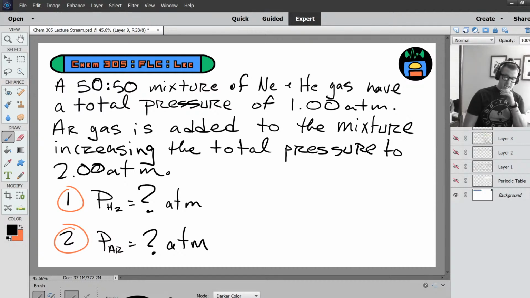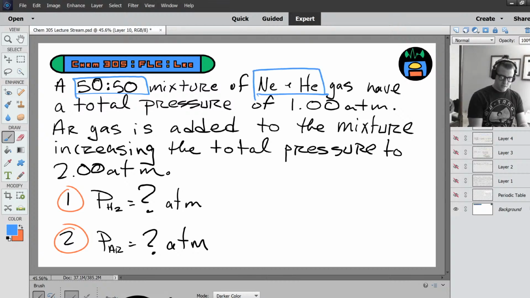All right, and the key to solving part one really lies in this 50-50 mixture situation of neon and helium.